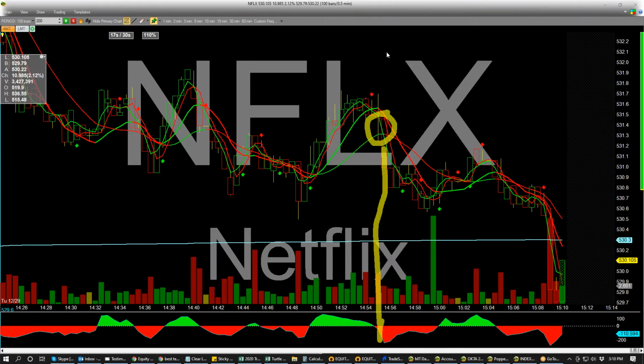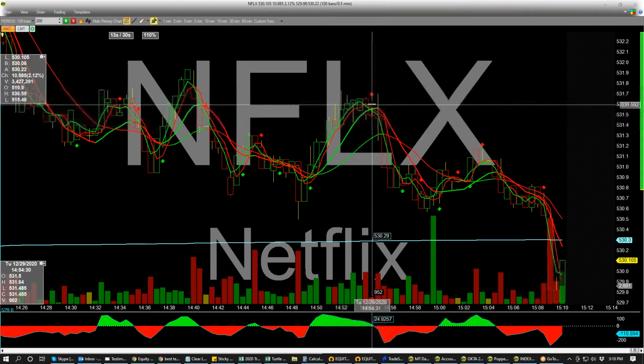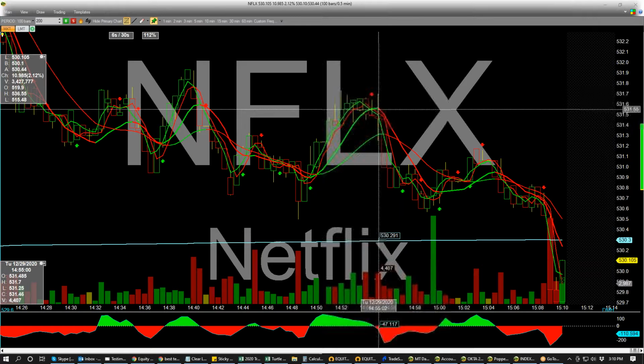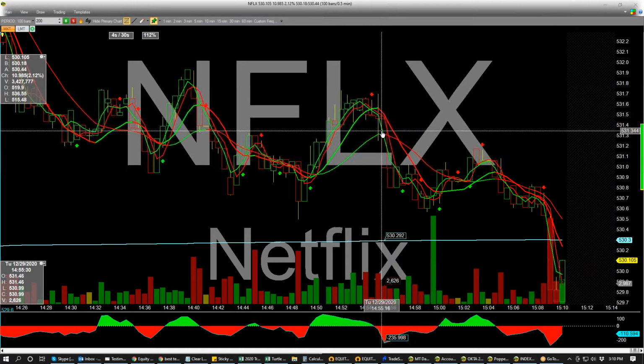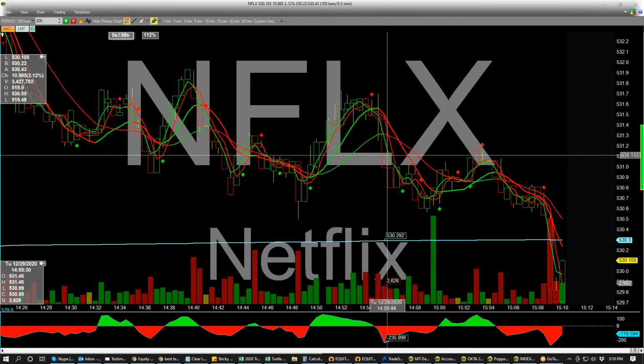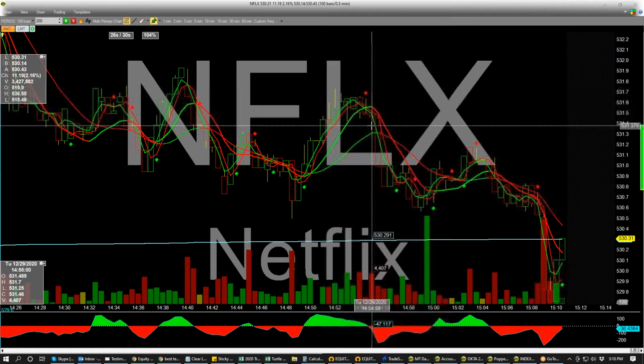Let me erase the drawings so you can see. So right here's where the Clear Lines crossed. We went red on the CCI. We went underneath the 8 HMA, then it turns red, and then behind it, as the price drops, we break the 34, and the 34 goes red. So we're in a pretty solid down move right through here.